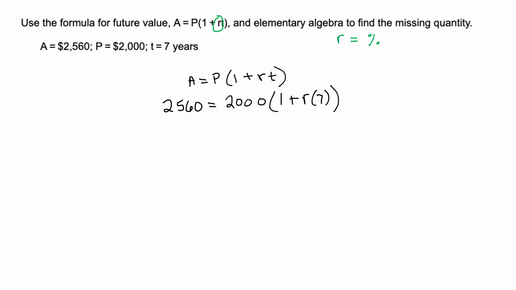Okay, now we're going to solve this problem. We can't do any operations inside the parentheses because we have an unknown. We don't know what R is, so we can't add or multiply those values together.